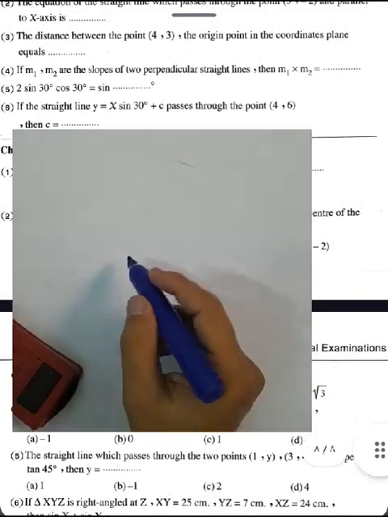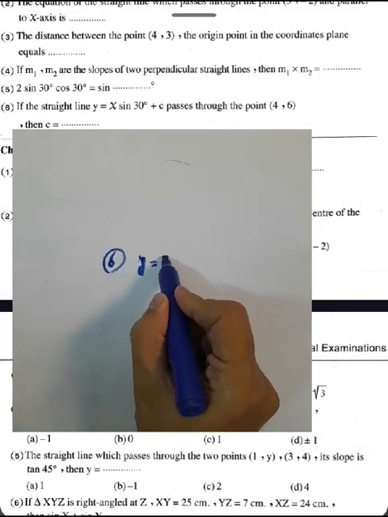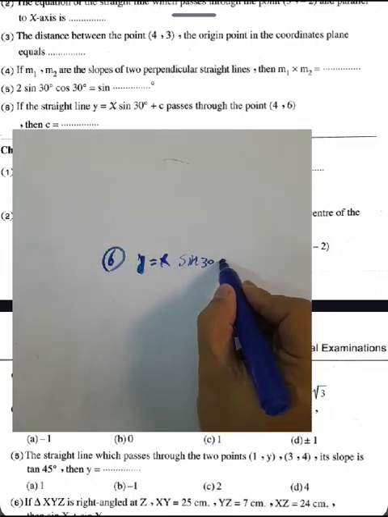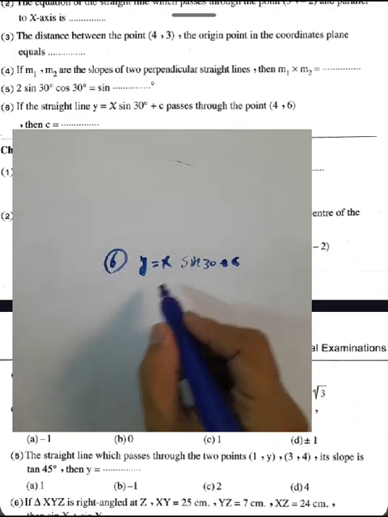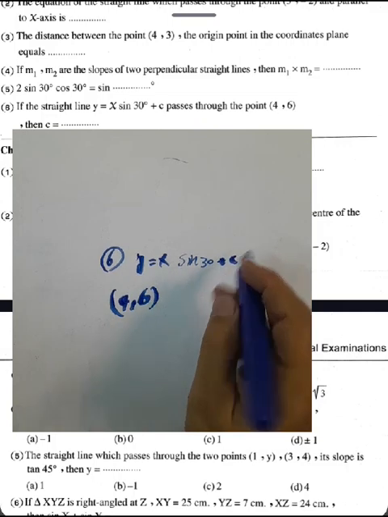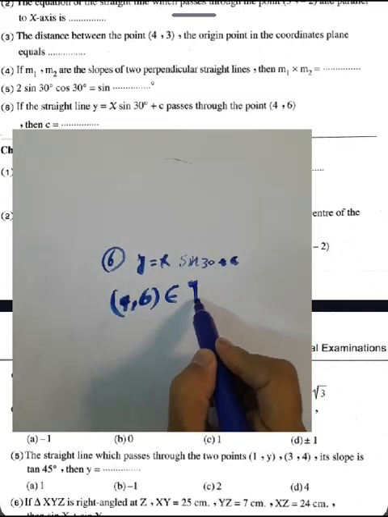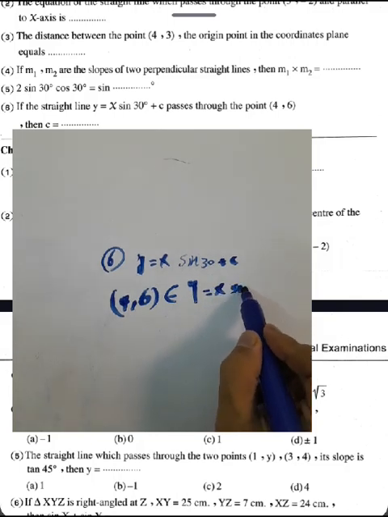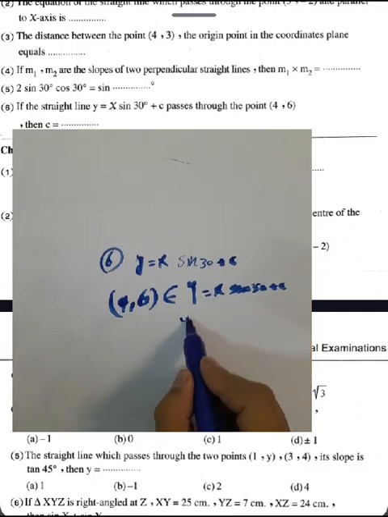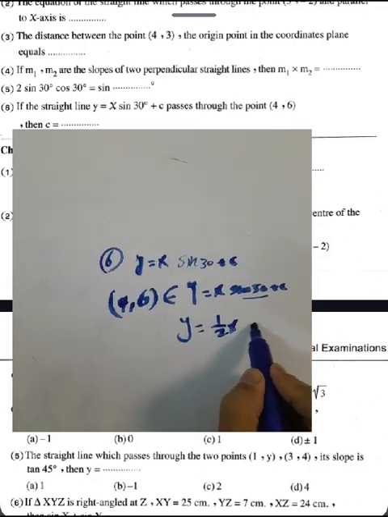Question number 6. If the straight line y equals x sine 30 plus constant passes through the point 4 and 6, then the constant will be what? This point falls on this straight line, then this point satisfies this equation. Then we can write y equals sine 30, equal half x plus constant.